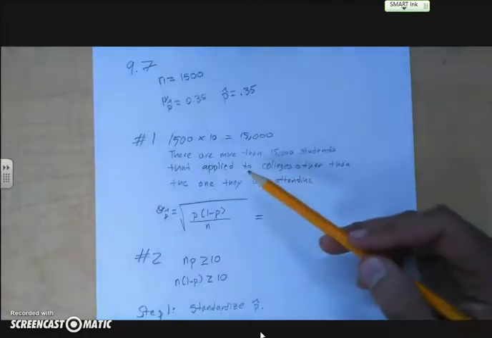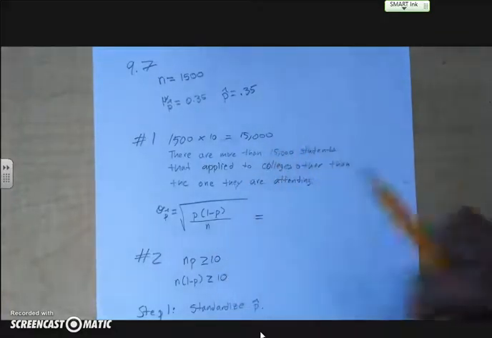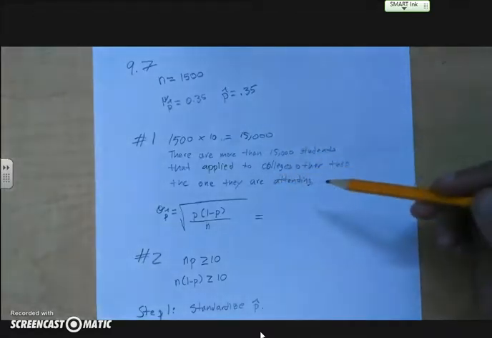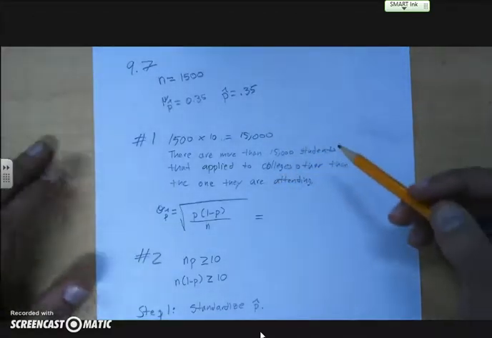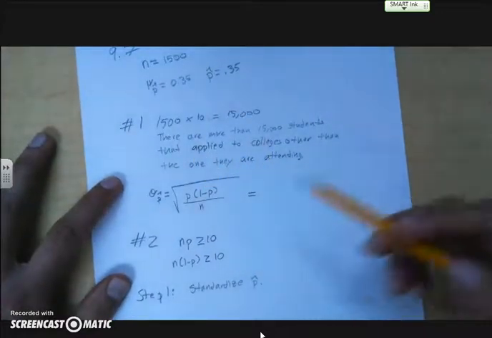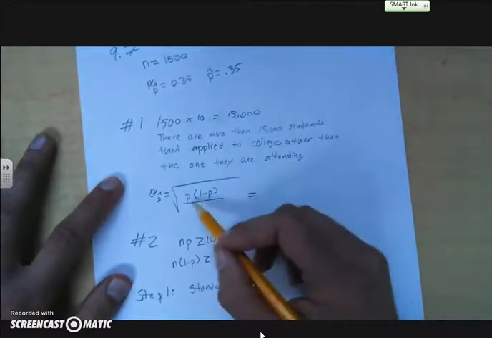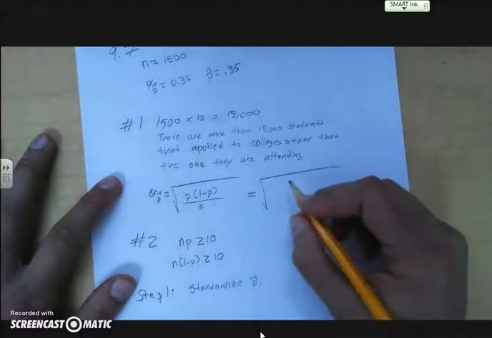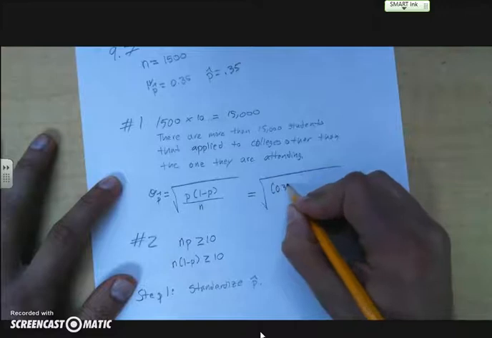Now I'm not writing this out right now, I have it done ahead of time, but everything you see written here is essential. There's no cutting corners. So now that we've checked the first rule of thumb, we can plug in our numbers here so that we can get the standard deviation for this particular set.